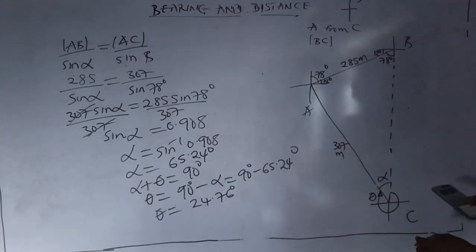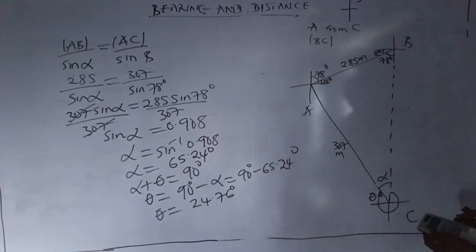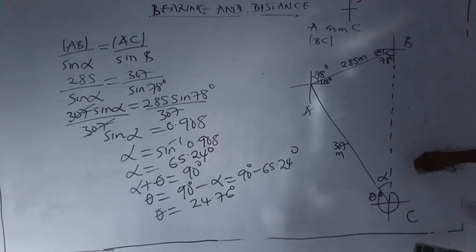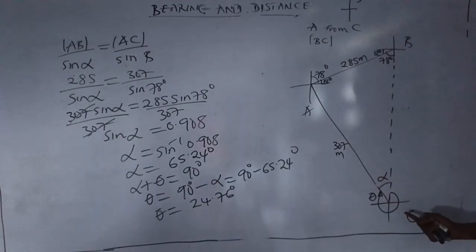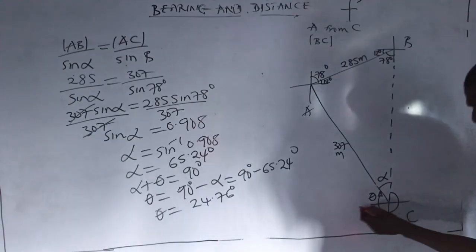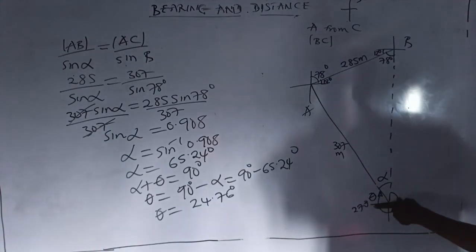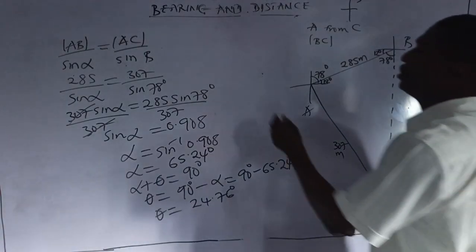But I remember I told you the bearing of A from C is the angle measured from the north of C till it touches the line that connects AC. So we have 90 degrees plus 90 degrees plus 90 degrees, which is 270 degrees. Here to here is 270 degrees. So we have 270 degrees plus theta.